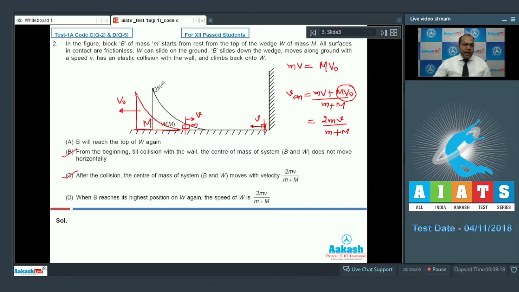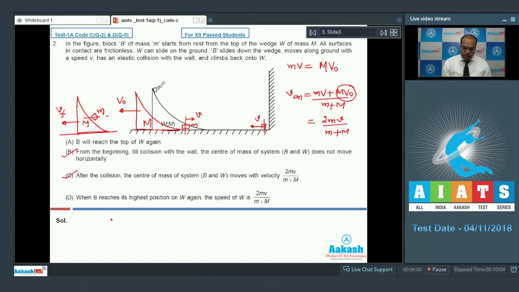So let at any time t dash, at this moment the wedge has moved to this position, and at that moment the block has come to this position. At this moment, if it reaches its highest position, then the velocity of the block and the wedge are the same. If I say this is V final, then the velocity of the wedge will increase from V0 to Vf, and at this moment the velocity of the block m, the velocity of the wedge capital M, and the velocity of the center of mass are the same.